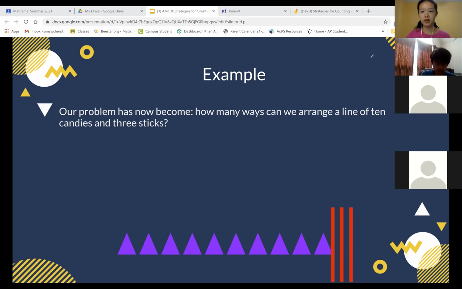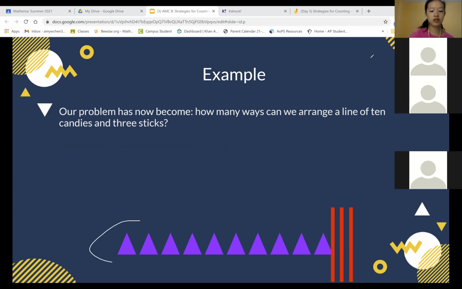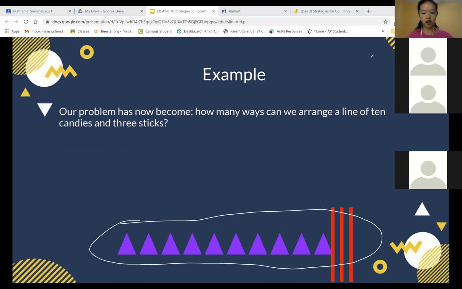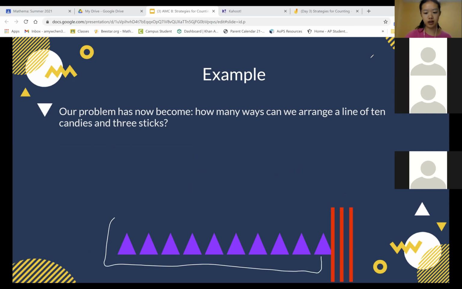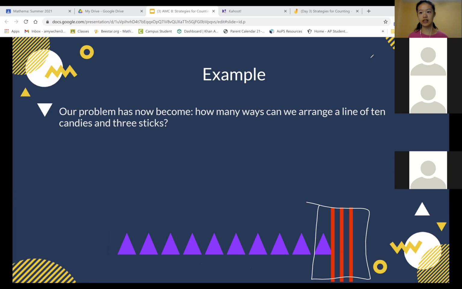I can re-explain it. Someone just asked why do we do 13 choose 3 instead of 10 choose 3, and why 10 choose 3 instead of 10 choose 4. We do 13 choose 3 because here we have 13 objects: 10 candies and 3 sticks, which we're going to use to divide the candy into 4 groups.